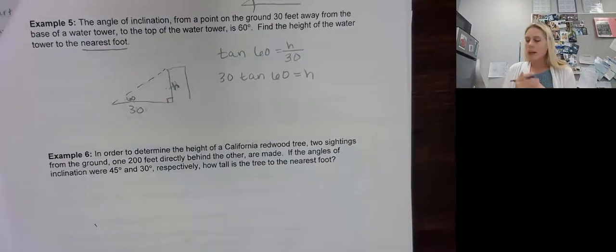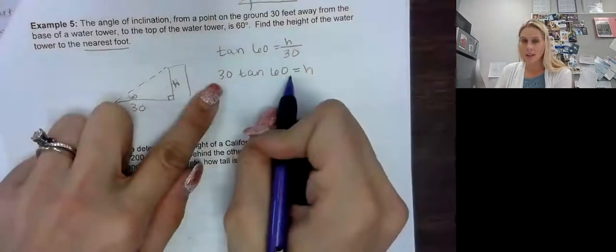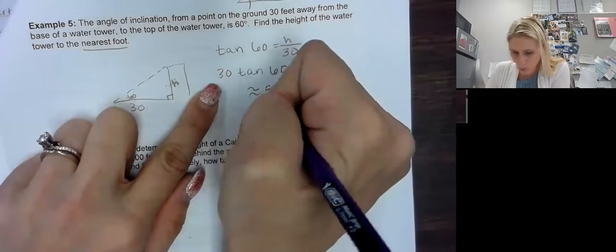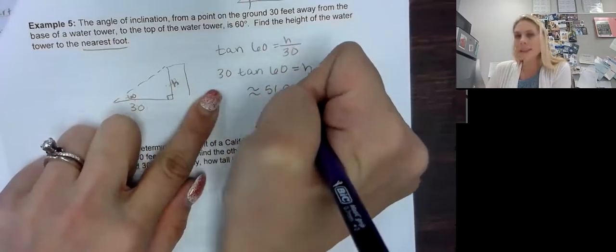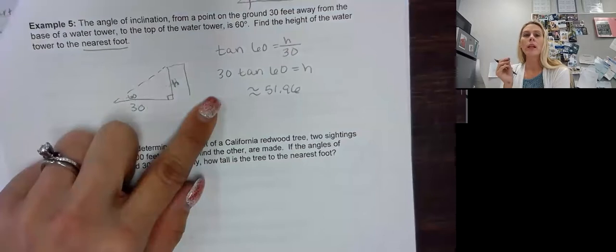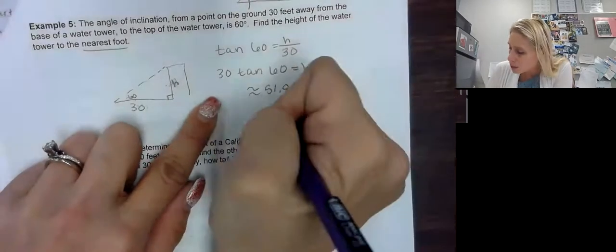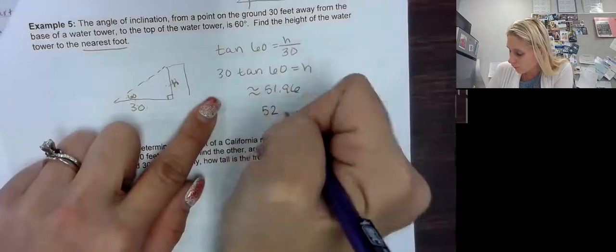Okay. So if we actually put this in our calculator right now, we would get that the height is approximately 51.96. But since we are going to the nearest foot, that 9 tells us to round up. So we are at 52 feet.